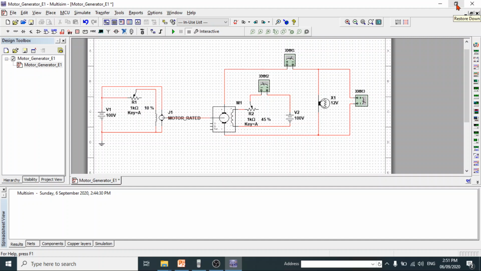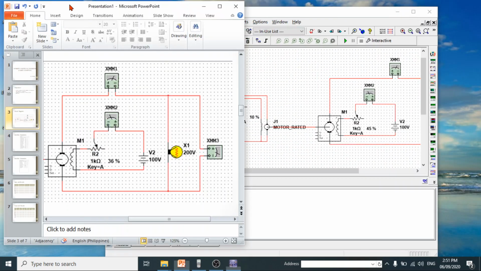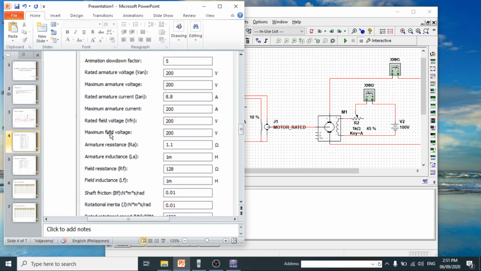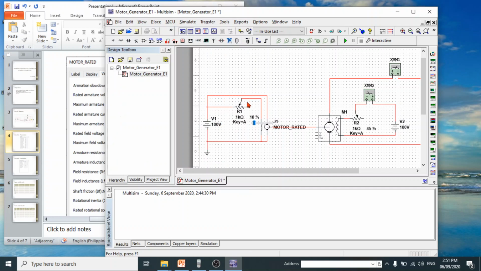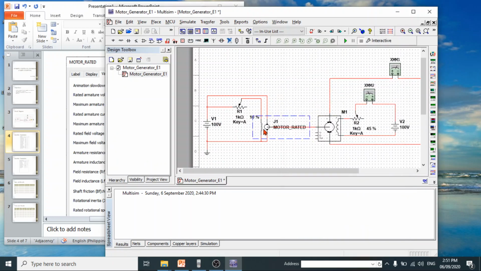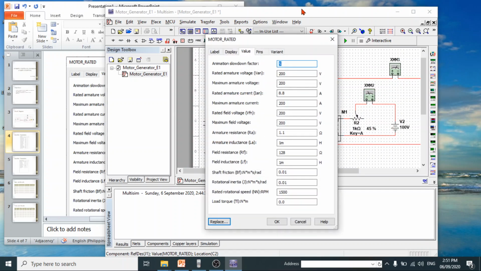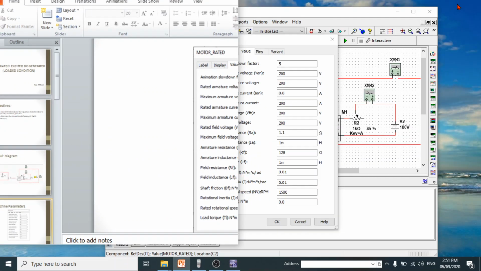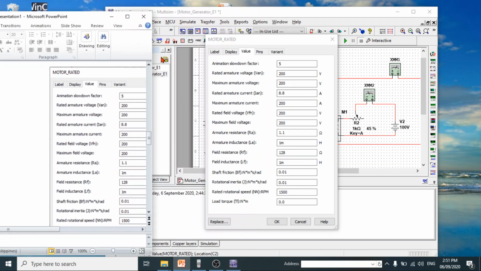Now we try to see if the parameters are the same as the given ones. For the motor, double click the motor rated, and then you will have the parameters: animation factor 5, 200, 208, 200, 1.11 milli.